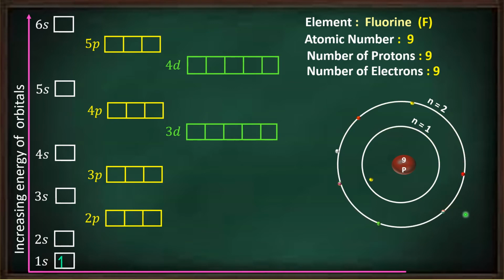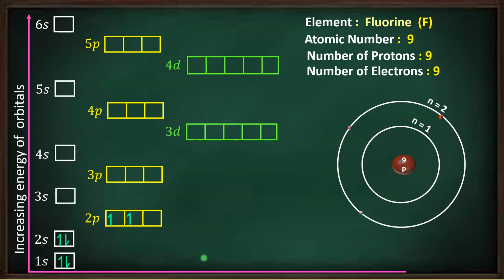Second electron also enters into 1s orbital. Next, third electron enters into 2s, and fourth electron pairs up with this electron. Next, fifth electron enters into 2p, isn't it? Sixth electron enters into this empty orbital.